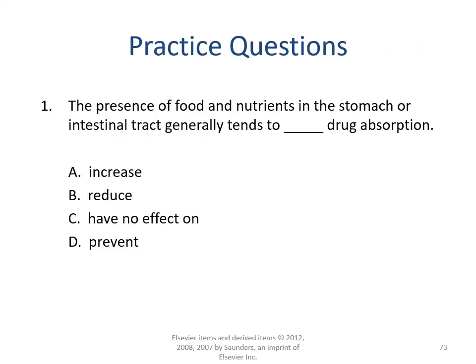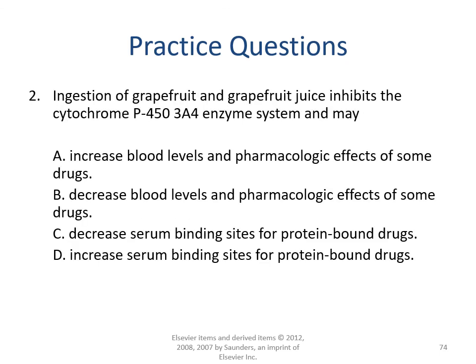So let's take a look at some practice questions. Number 1: the presence of food and nutrients in the stomach or intestinal tract generally tends to blank drug absorption. This is answer choice B, reduce. Number 2: ingestion of grapefruit and grapefruit juice inhibits the cytochrome P450, technically the 3A4 enzyme system, and may, and this is answer choice A, increase blood levels and pharmacological effects of some drugs.